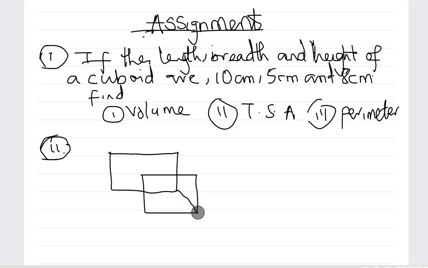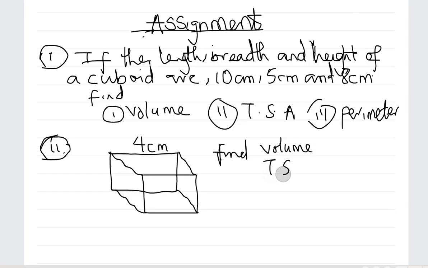Consider this is a cube. What is the length of this cube? Let's say the length is 4 centimeter. Find the volume. After finding the volume, you find the total surface area, and then after that you also find the perimeter.